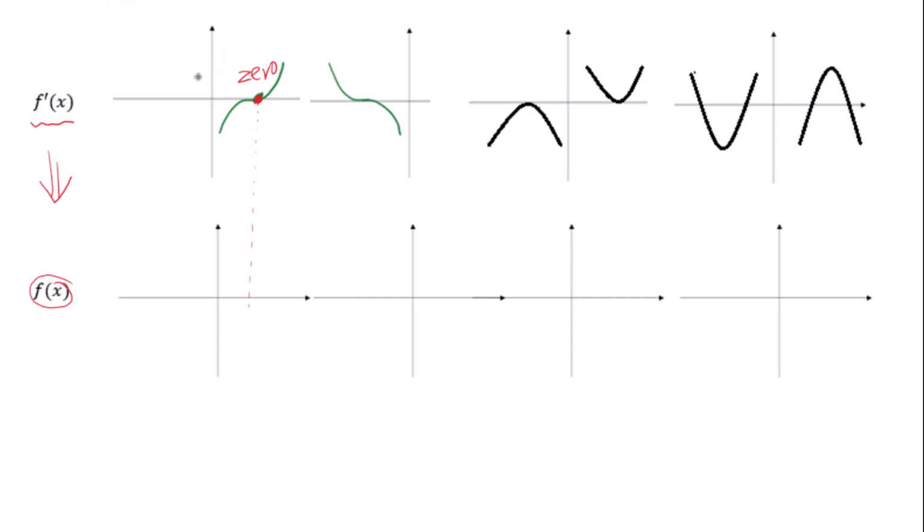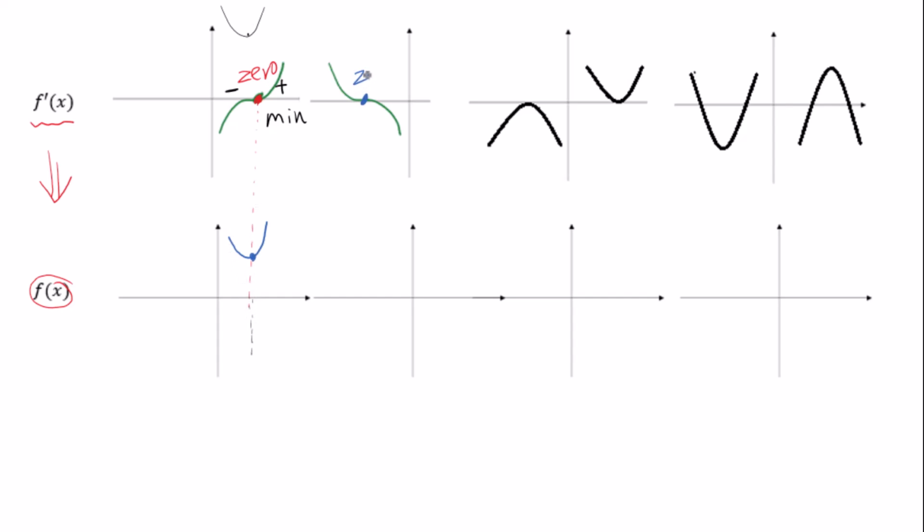Check the sign of f prime of x, negative or positive, which means the graph will be going down and going up. This 0 will be a minimum point, and this minimum point can be anywhere on this line.